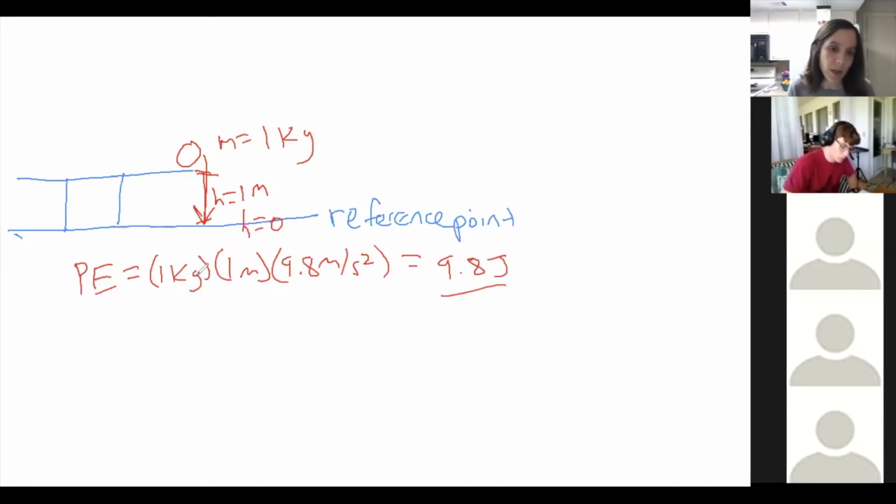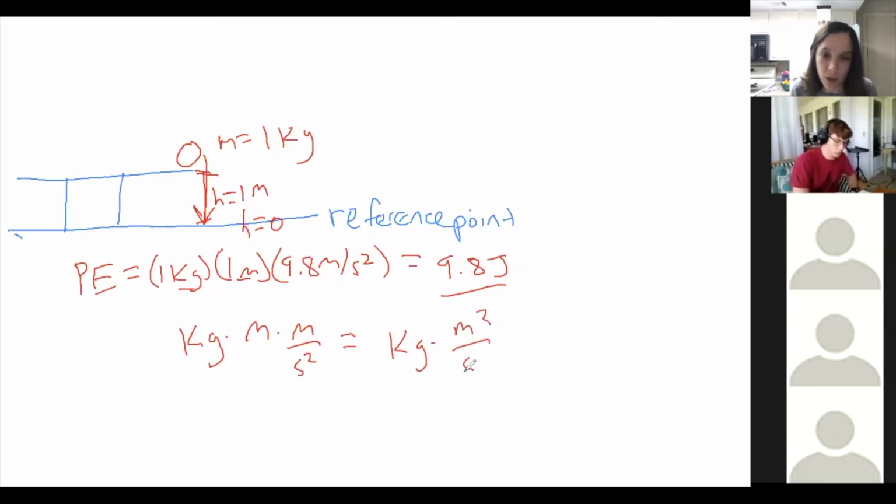So if you multiply kilograms times meters over seconds squared, I'll just go and write this out down here, kilograms times meters over seconds squared, which would equal kilograms times meters squared over seconds squared. If you remember, kilograms times meters over seconds squared equals a Newton.